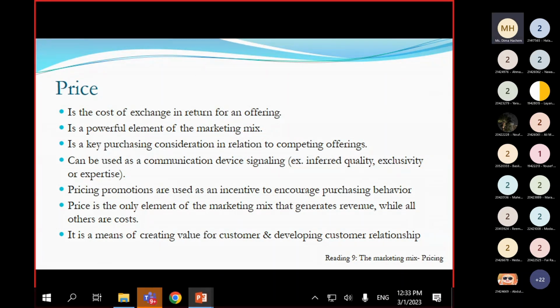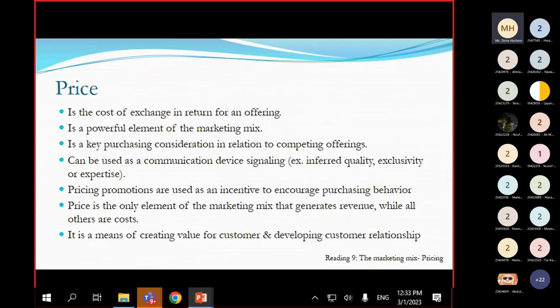So what is the price? It's the cost of exchange. So the consumer will give up certain amount of money in return for a certain offering or a certain product. Okay? So it's a very powerful element of the marketing mix, and it can be used as a communication device.